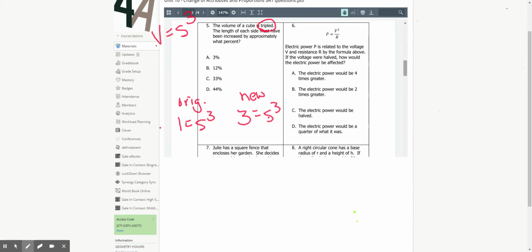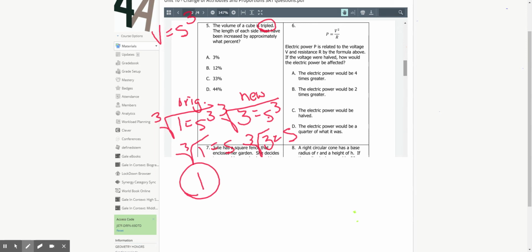So to solve those for S, we've got to take the cube root of everything. So the cube root of 1 equals S, and the cube root of 3 equals S. So we've got 1 for our original, and then the cube root of 3.